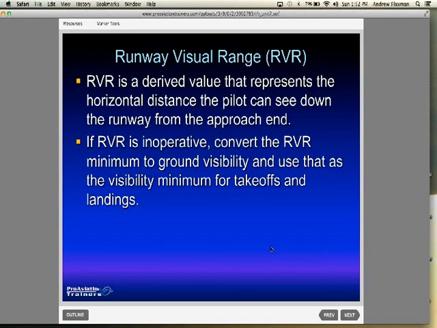Now, for Part 91 private operations, is there a minimum visibility requirement for takeoff? No, there's not. But the caveat is that while there's no minimum visibility for departure, you basically should have enough visibility to take off and come back around and land at the airport using an approach to the lowest minimums.